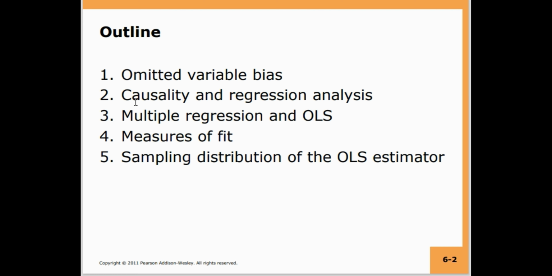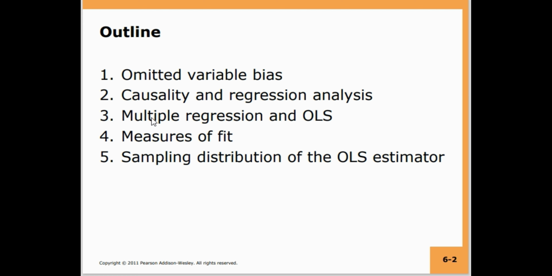Next, we are going to look at the concept of causality within regression, whether we can say that some independent variables cause y. So far we have been looking at the correlation between y and x, but can we actually find causality. Then we are going to see multiple regression and OLS.